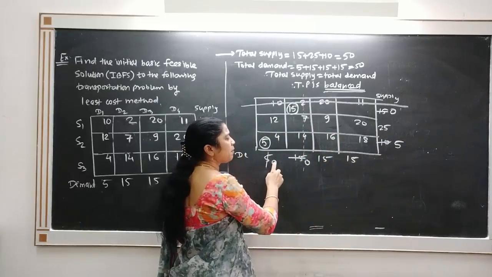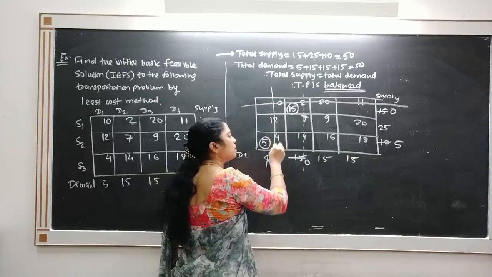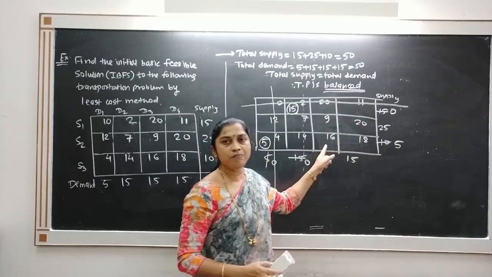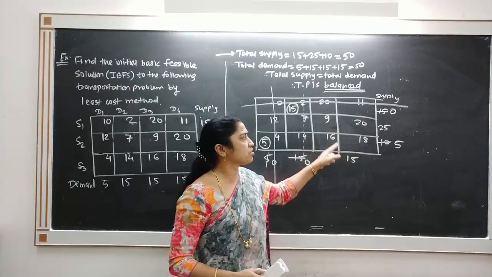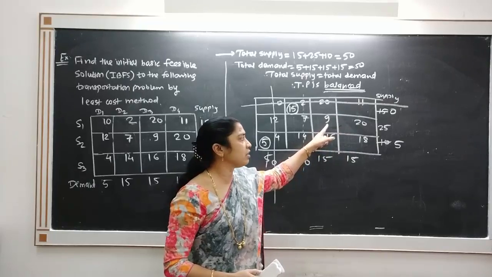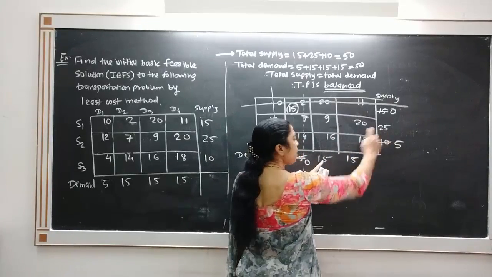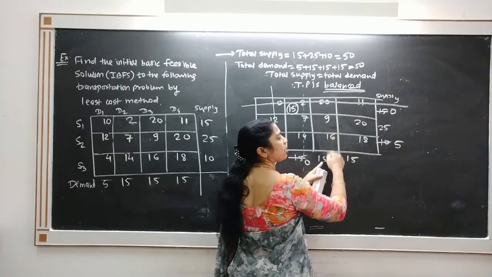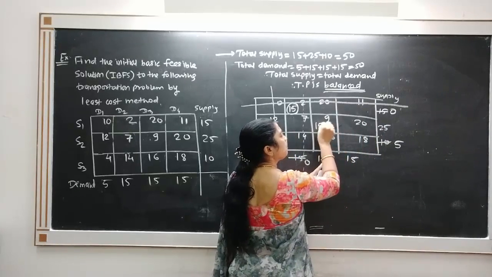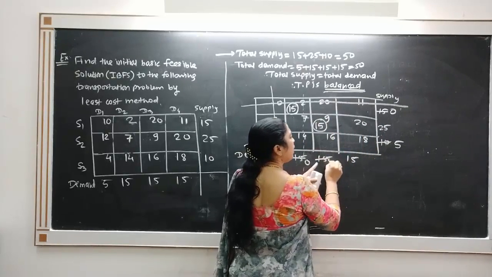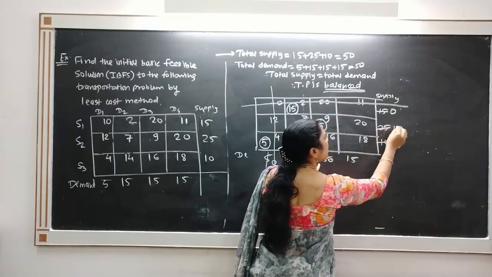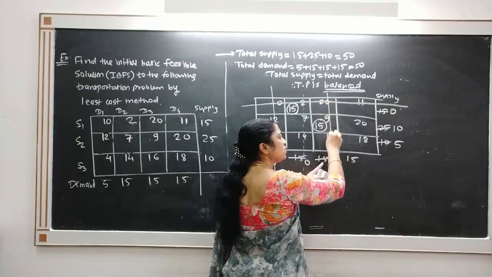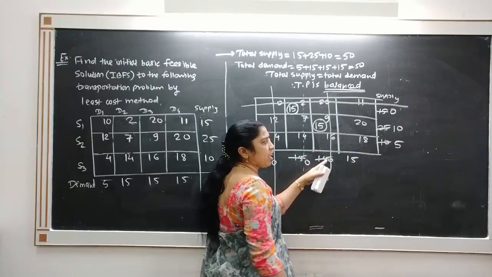Because the demand becomes 0, this column is crossed out. Again from the remaining table, the minimum cost is 9. Allocate minimum of 15 and 25, that is 15. It remains 0 and 10. Because the demand becomes 0, this column is crossed out.